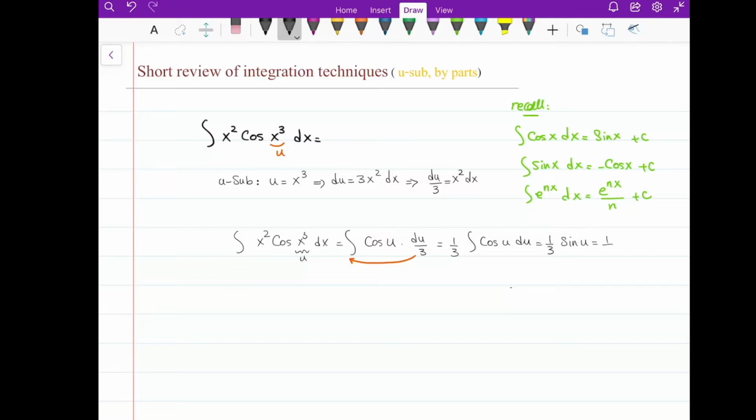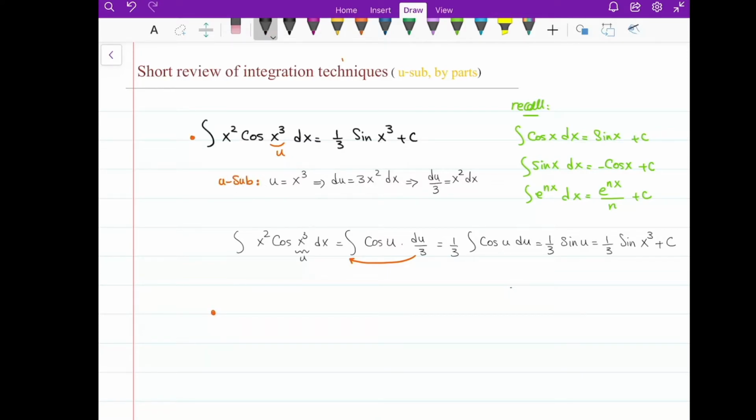I'm gonna replace u with x cubed, that was my u substitution, plus c. So the answer for this integral would be 1/3 sine of x cubed plus c, where I basically used u substitution. So that was my first example.